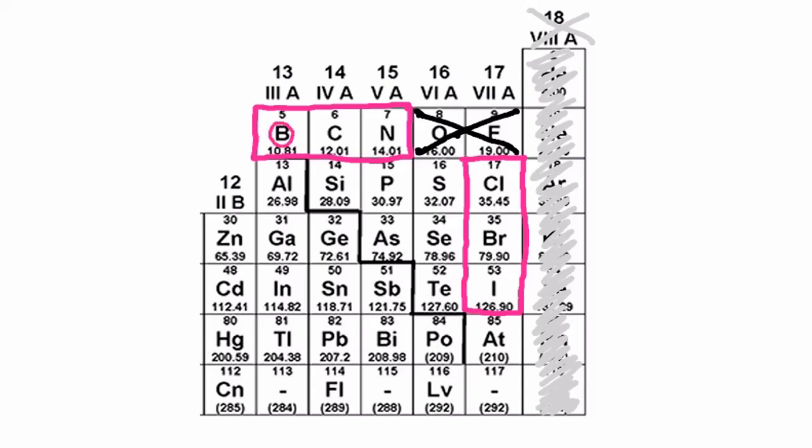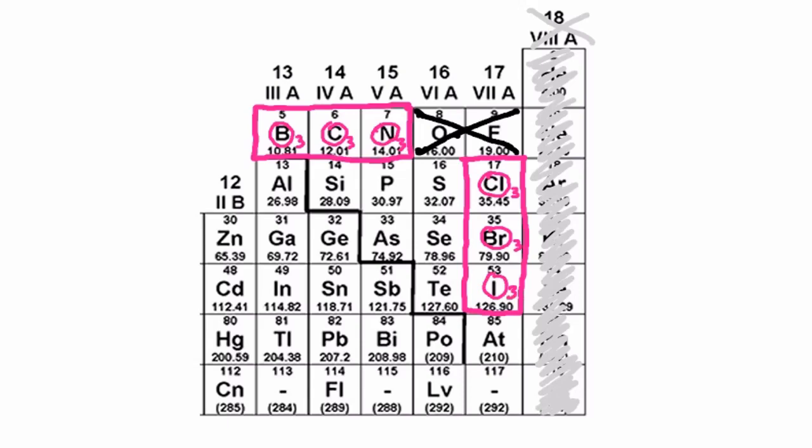So I'm going to write O. Since we don't have any room, I'm going to put the O around the B. O3, O3, O3, O3, O3, O3.